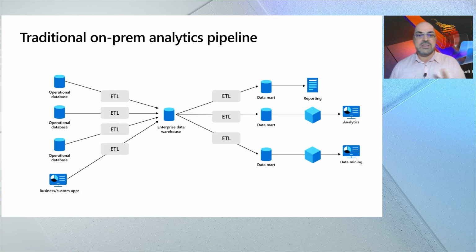And then you'll also see there's a lot of data movement going on here, a lot of copying of data from database to database to database. And a lot of that copying leads to an opportunity for error. And we've all seen BI pipelines fail as a consequence of copy failures or ETL failures, which lead to inconsistent results.